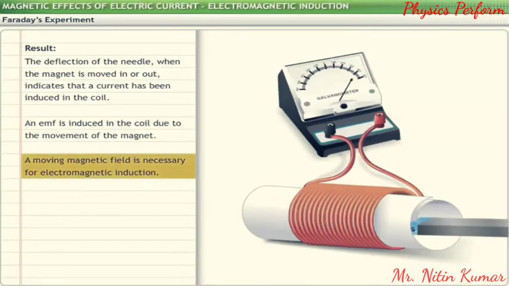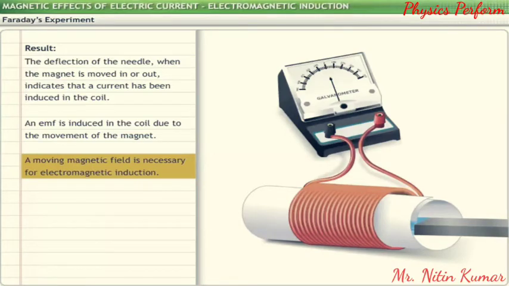Faraday's experiment confirmed that a moving magnetic field is necessary for electromagnetic induction. The direction of deflection of the galvanometer needle depends on which pole is inserted in the coil first.